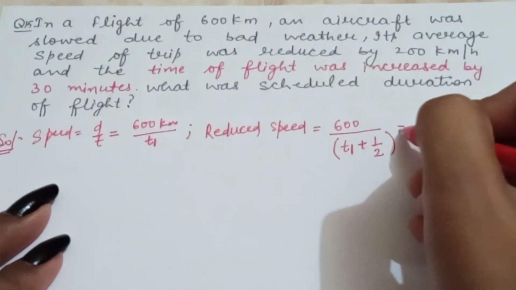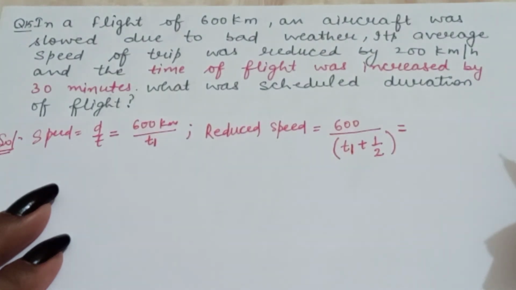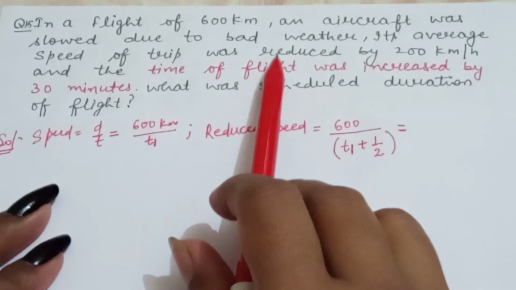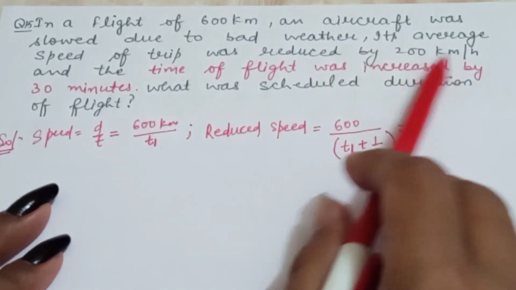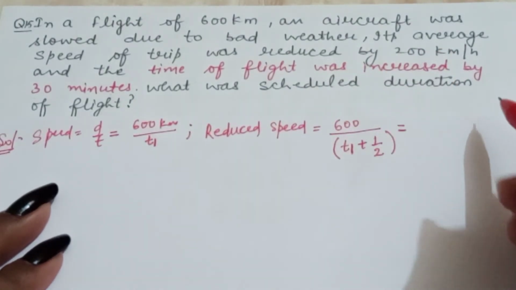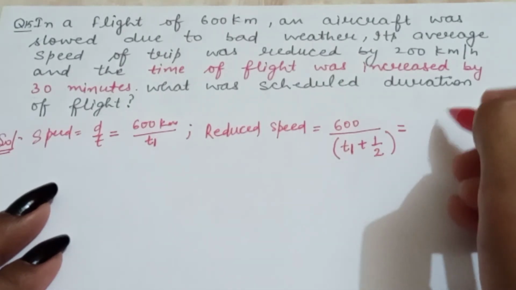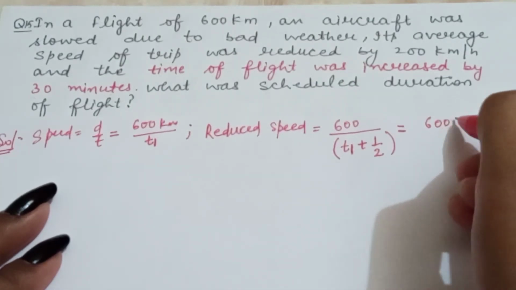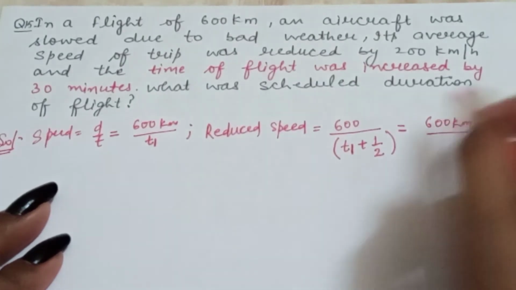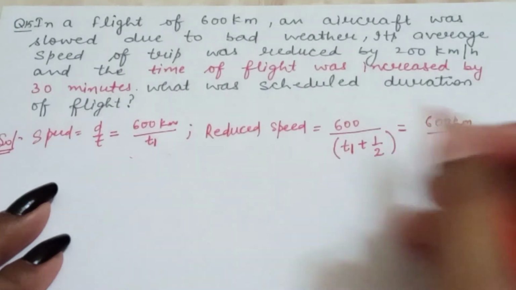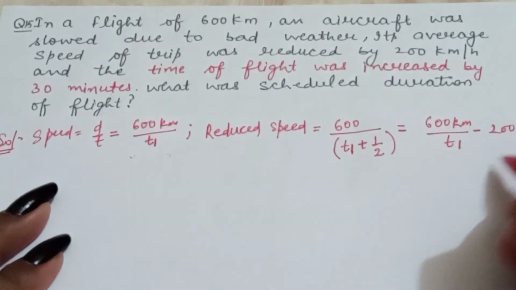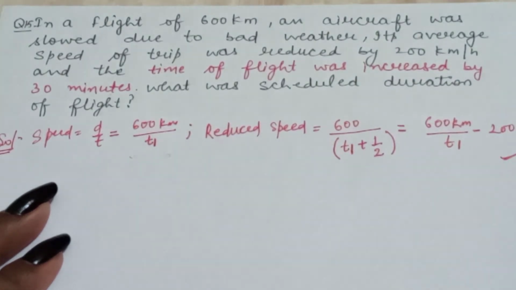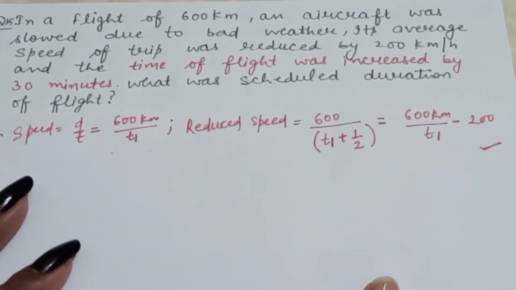Okay, and also we know that the speed is reduced by 200 km. It means the earlier speed minus 200. This is also a way to calculate the reduced speed.